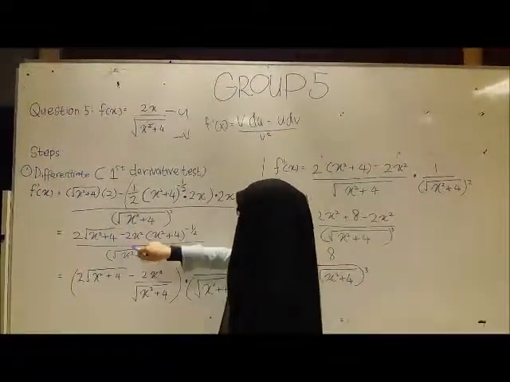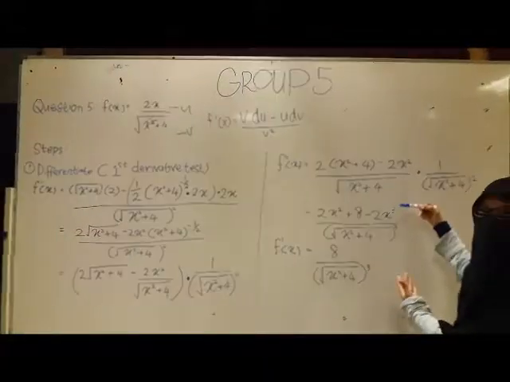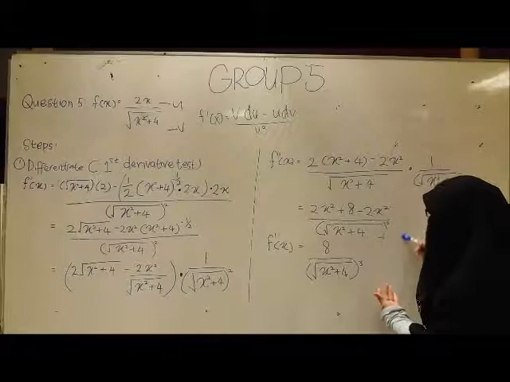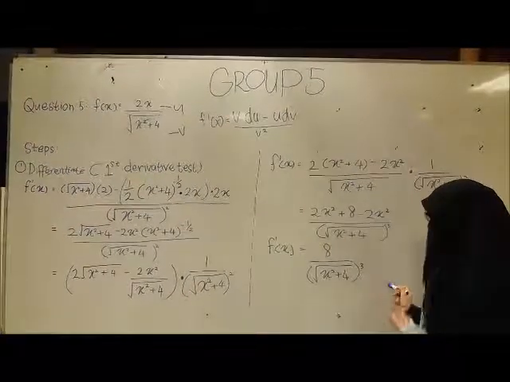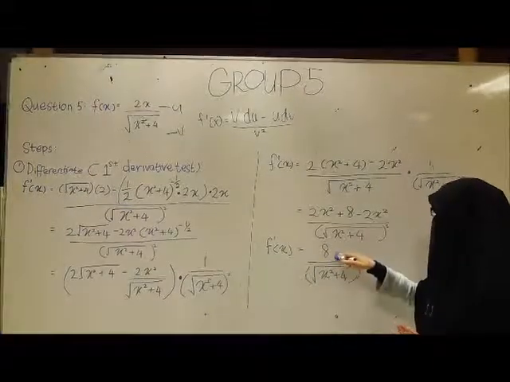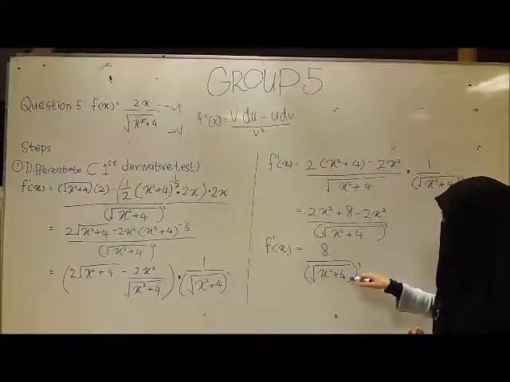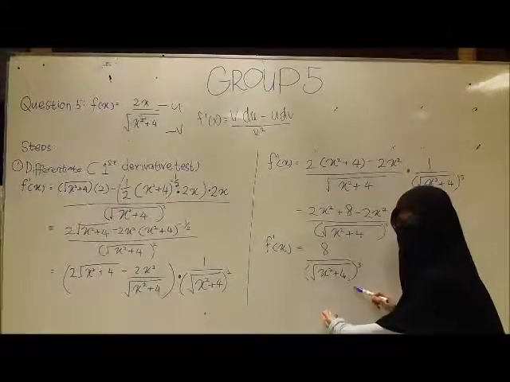Then we expand and simplify. The derivative of the function is 8 divided by the square root of x squared plus 4, to the power of 3.